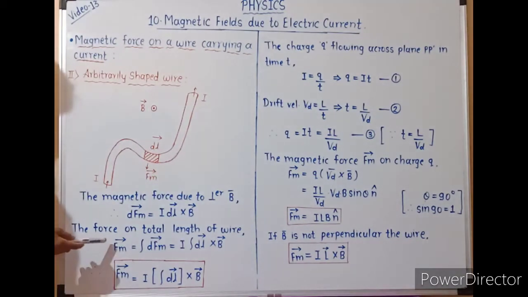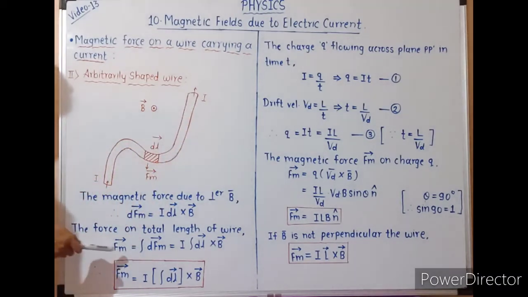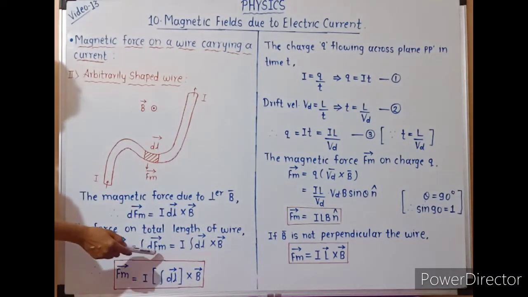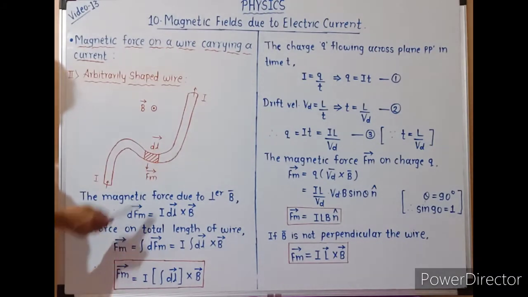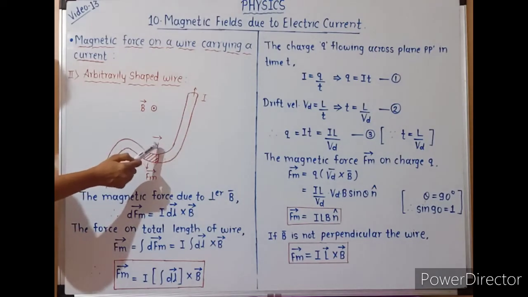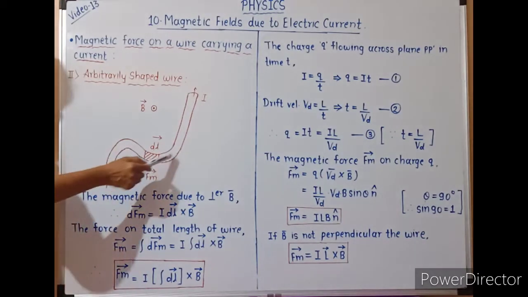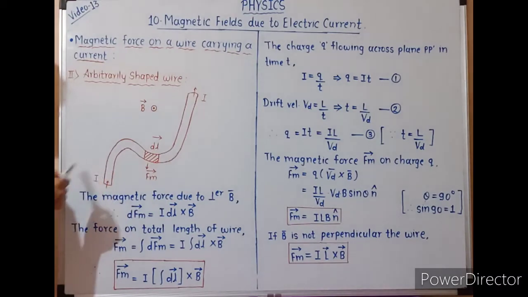Now we will find the force on the total length of the wire. So the force on the total length of the wire is Fm bar is equal to integration of dFm bar. As this wire is made up of very small elements of length dl, we use the integration sign, because we have to add all the small parts of this wire.